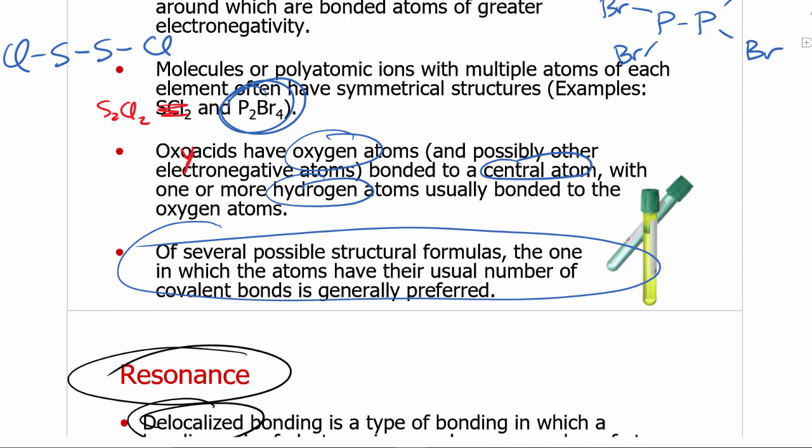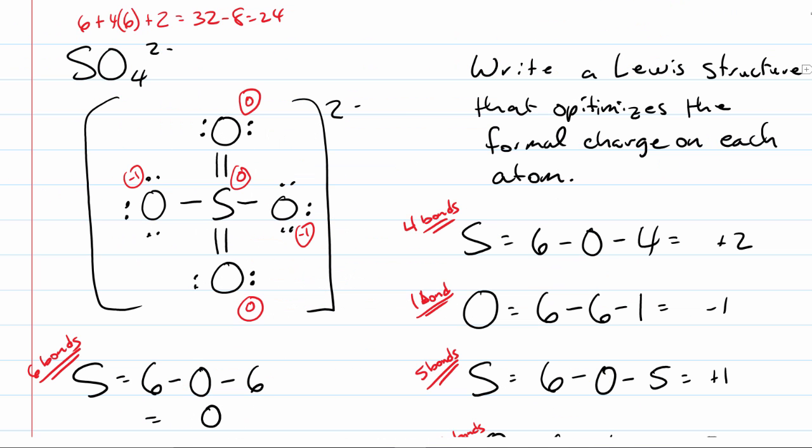And one of the reasons why oxygen normally prefers 2 bonds is for a couple reasons. One of them is it starts with 6 valence electrons and it needs 2 more to complete its outer level. But another reason why it likes to form 2 bonds is because it gives us a formal charge of 0. And so there's a couple things that dictate why oxygen likes to double bond.